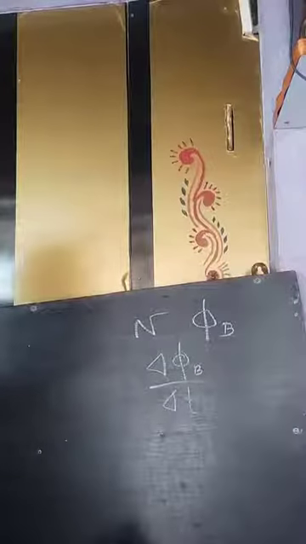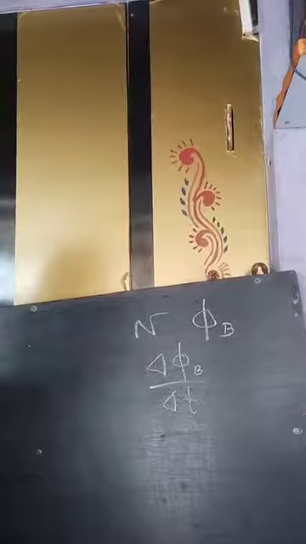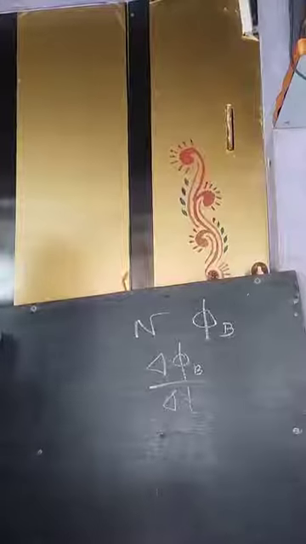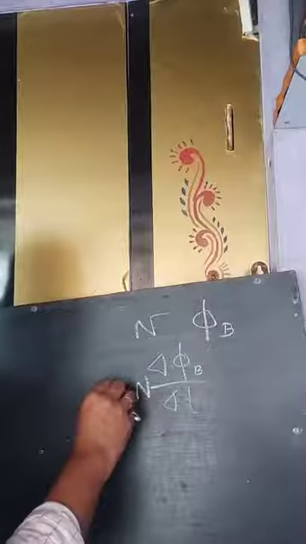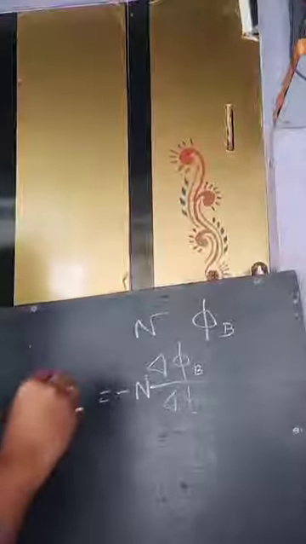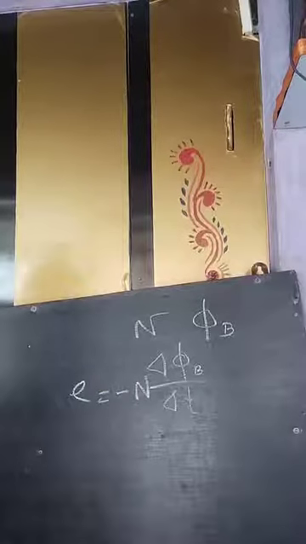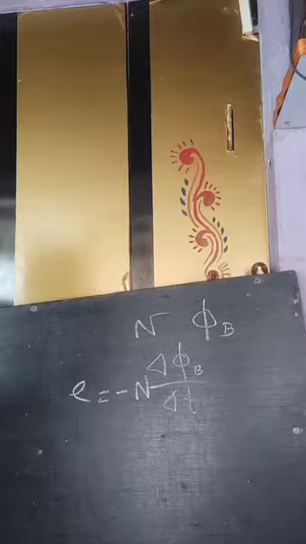Then the induced EMF in the circuit, according to Faraday's law, is E equal to N d phi B by dt. So this is the amount of induced EMF according to Faraday's law, right?